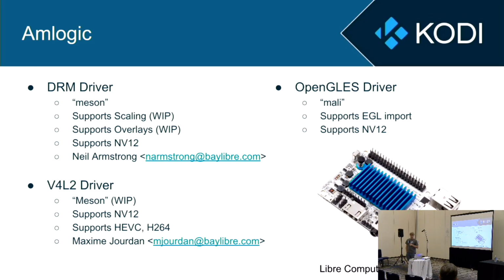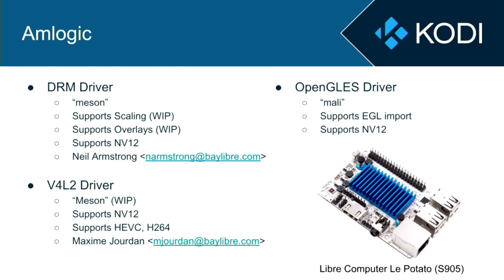And Amlogic, which has been an interesting story over the last year or so. We're working really close with some of these guys, these 2 guys from Bay Libra, on this stuff, and a V4L2 driver has emerged in the last 3 or 4 months, I think, to support Amlogic, and it's working really well.